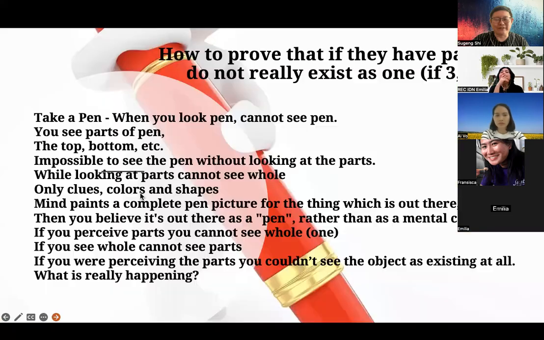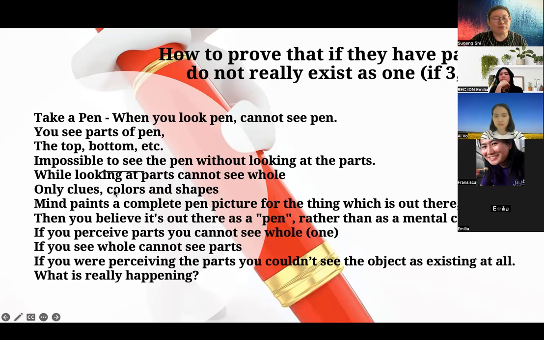Now let's go to this pen. We are using the pen to analyze. Take a pen. When you look at a pen, you cannot see the pen really. You cannot really see the pen because you see the parts of the pen, the top, the bottom, etc. So it is impossible to see the pen without looking at the parts. While you are looking at the parts, you cannot see the whole pen.